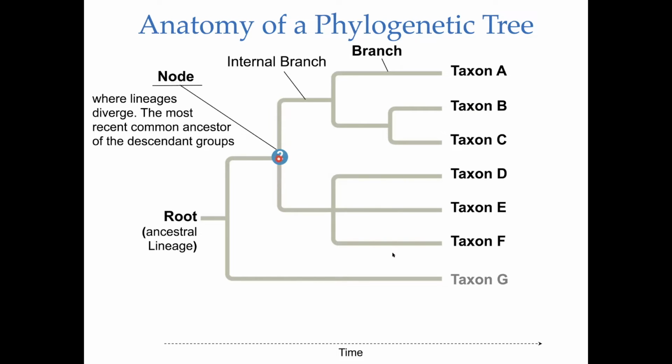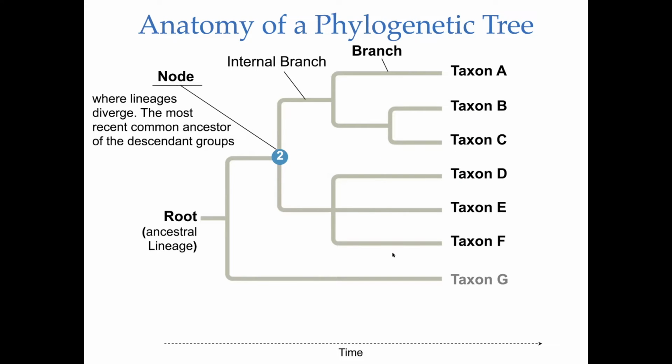For example, node number 2 represented here is the most recent common ancestor between taxa A, B, C, D, E, and F. But taxa A, B, and C share another most recent common ancestor, which would be located here. The same way taxa B and C would share a most recent common ancestor, which is going to be here. So the nodes represent the most recent common ancestor.